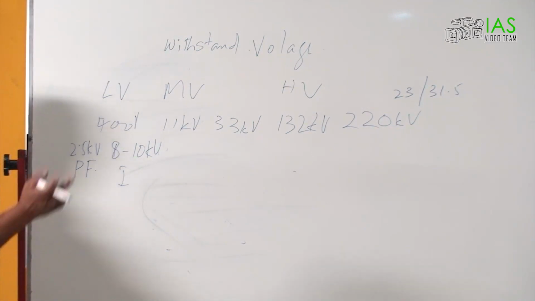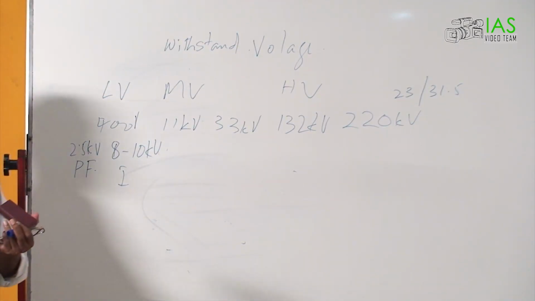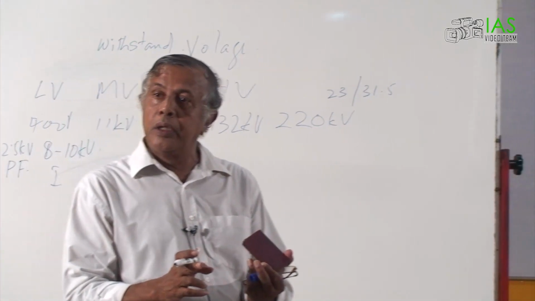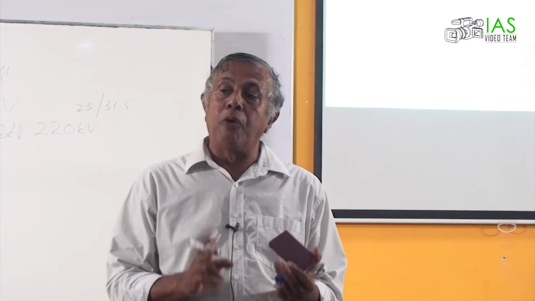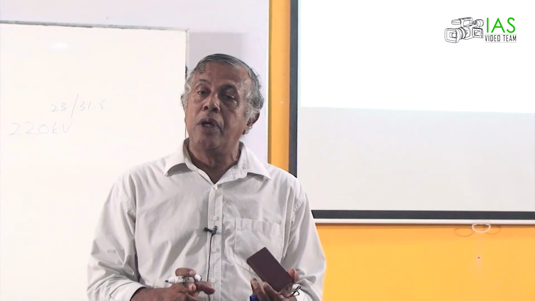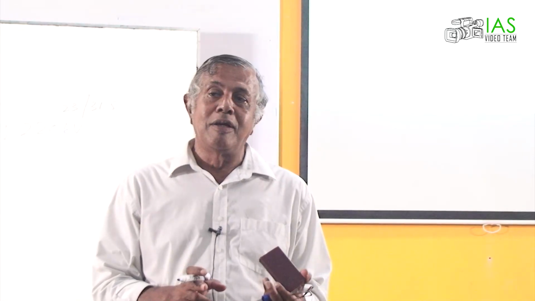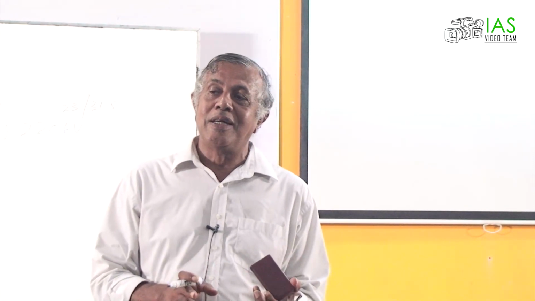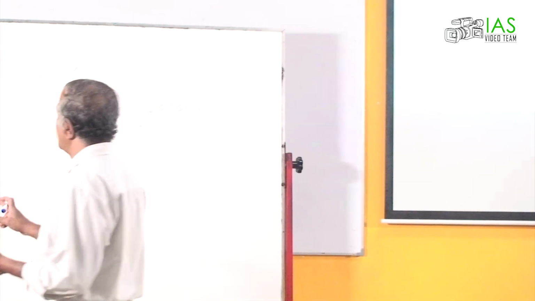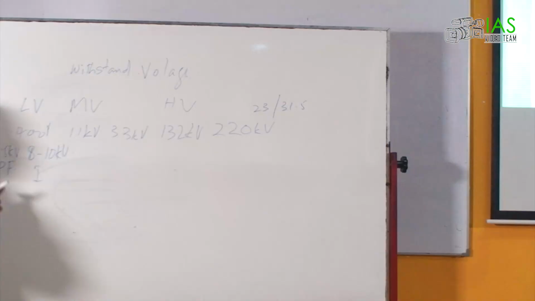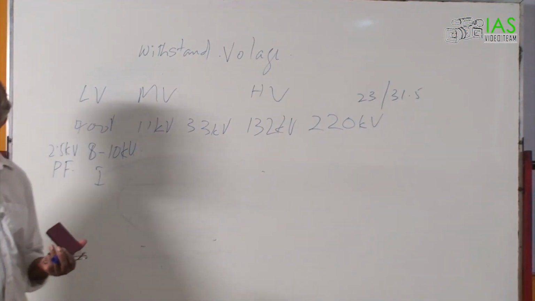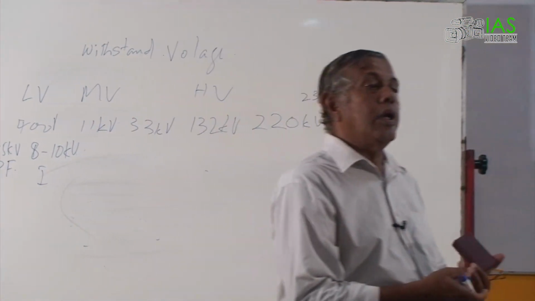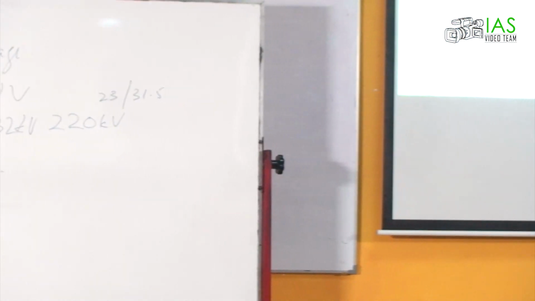So that means withstand value of a LV transformer, for how long? Remember, power frequency is always for 1 minute. And impulse is for how long? If somebody can tell me.